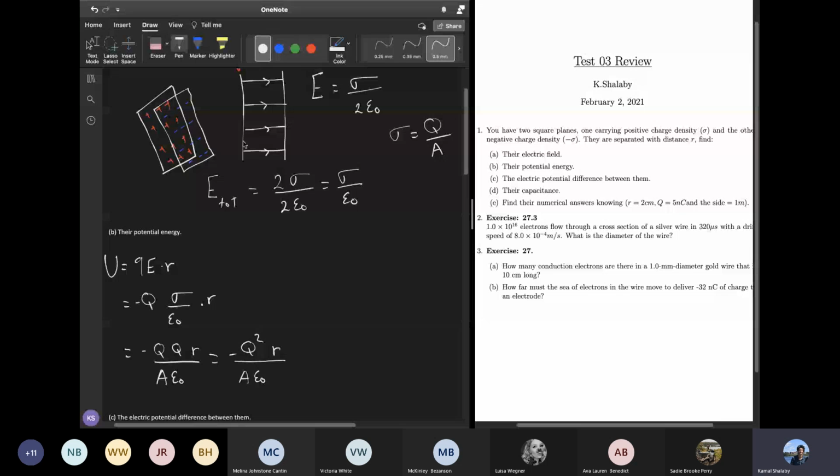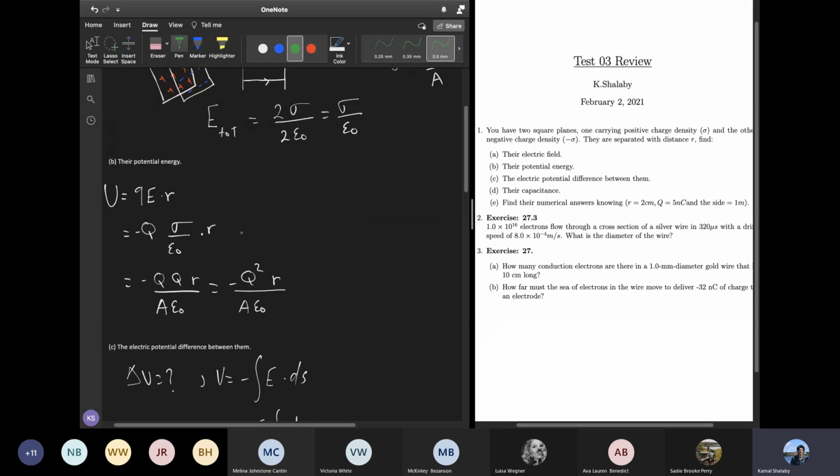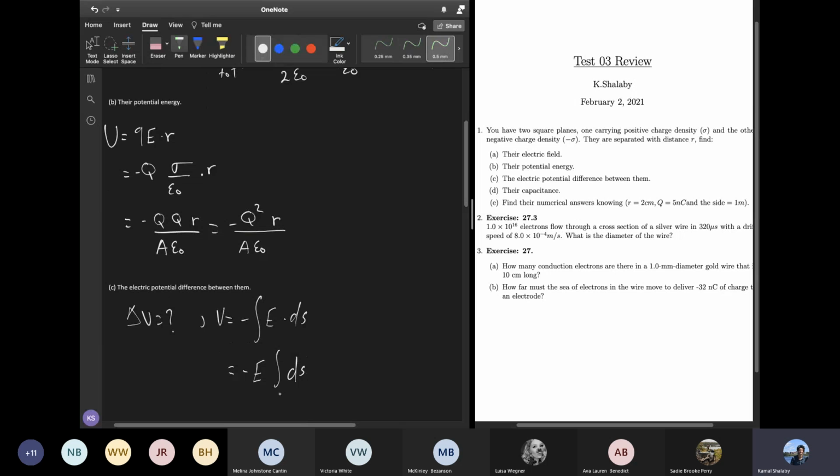And if we set this as being the origin, and we know that the distance between them, like this distance, is r, then it would just equal to the integral from 0 to r.